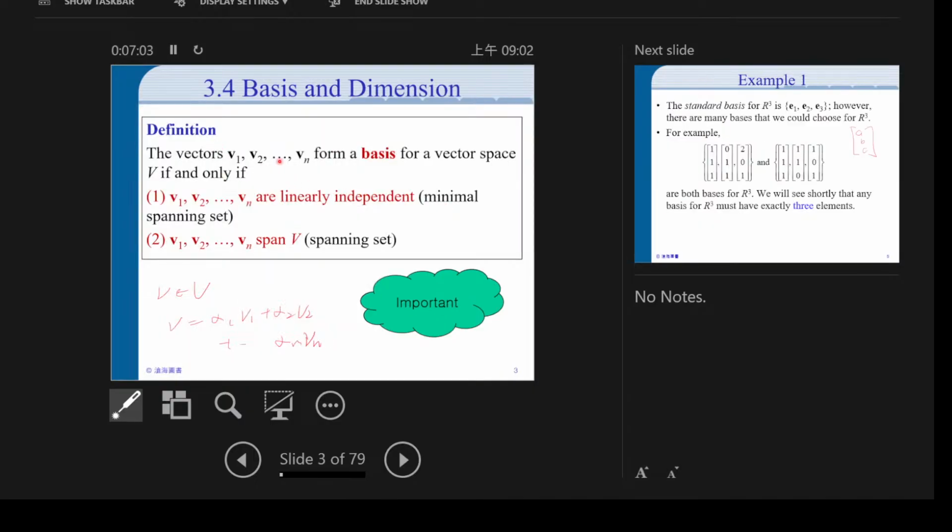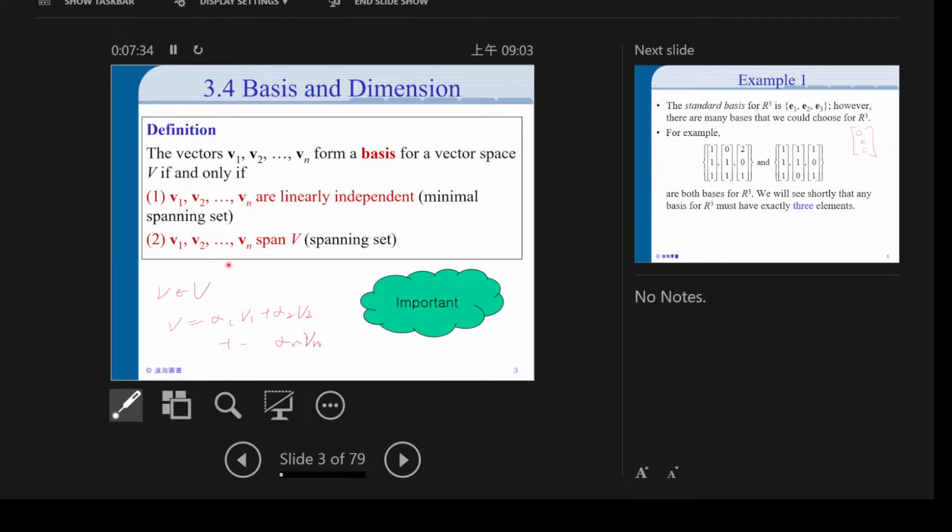And also this set of vectors needs to span V. Remember, if something spans V, that means anything inside V is a linear combination of those vectors. That's the definition of span: the set of all linear combinations.